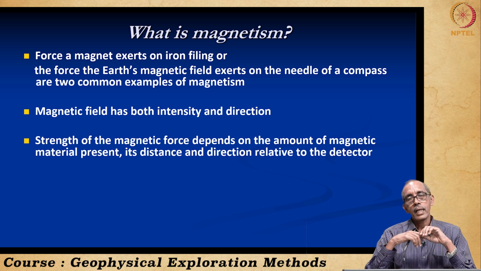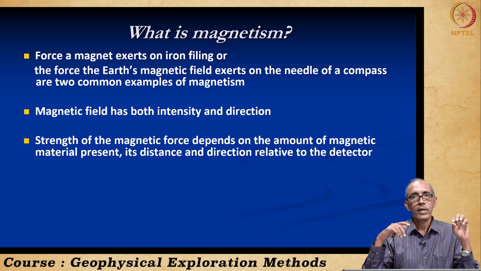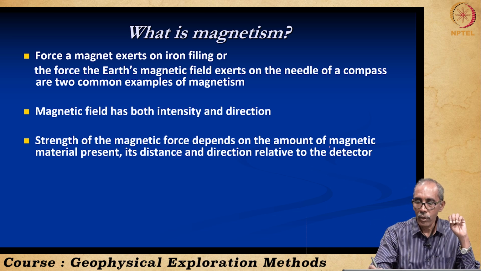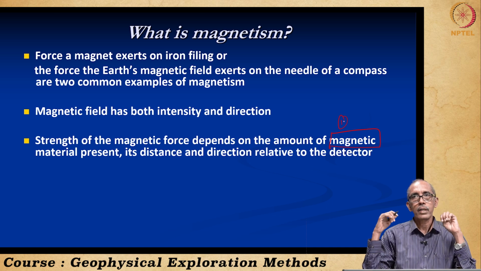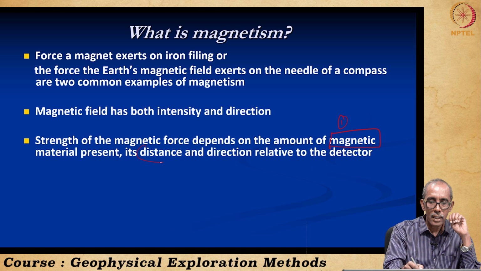When you measure the strength of the magnetic force at the surface of the earth from a particular location, the magnetic force you measure depends on three things. One is the amount of magnetic material present below that particular area. Number two, its distance from your instrument.